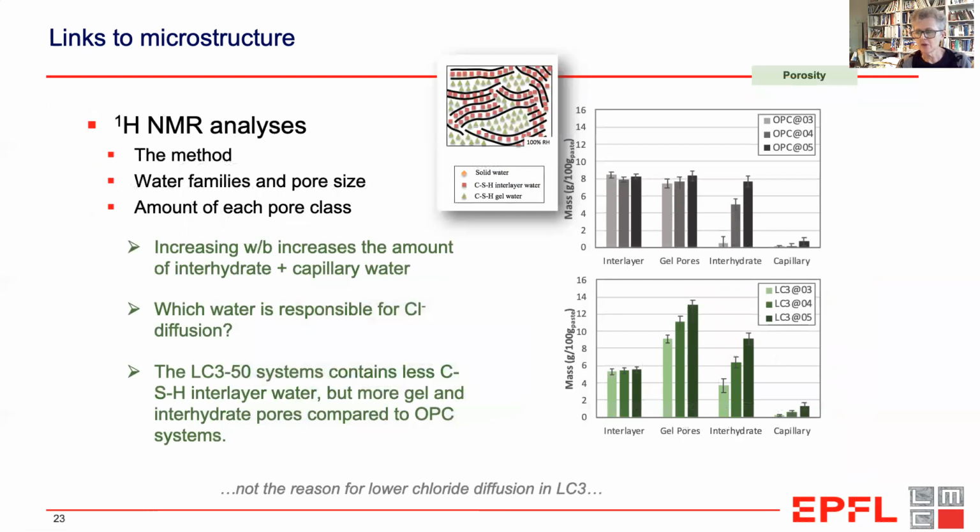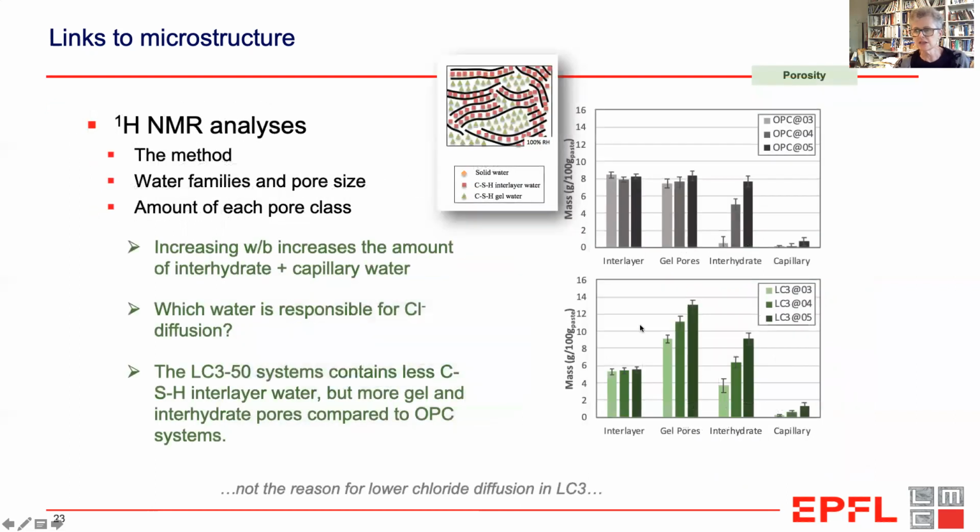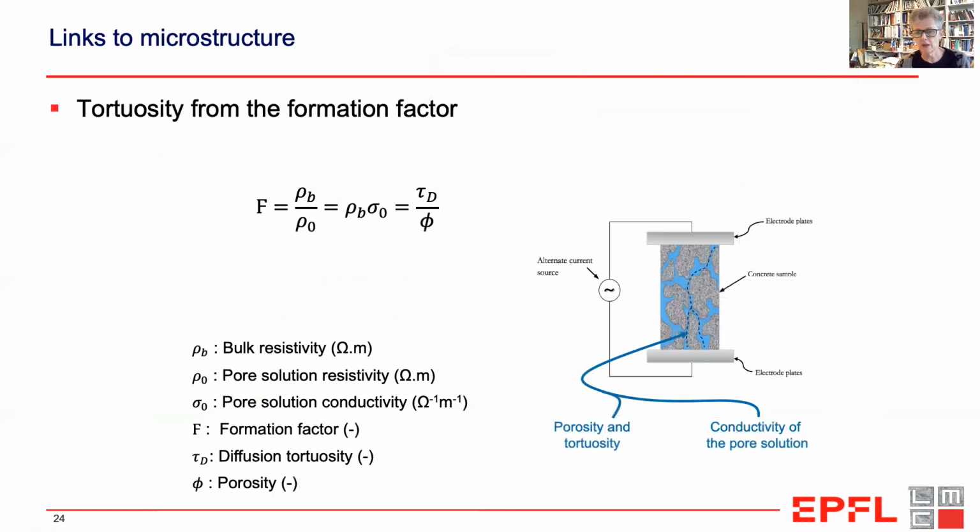And again, we don't see the differences we would expect. Generally, we see that the LC3 systems, if anything, have slightly higher porosity than the OPC systems. So again, simple measures of the porosity do not explain these dramatic differences in chloride penetration.